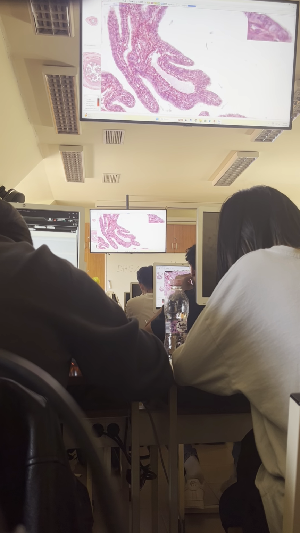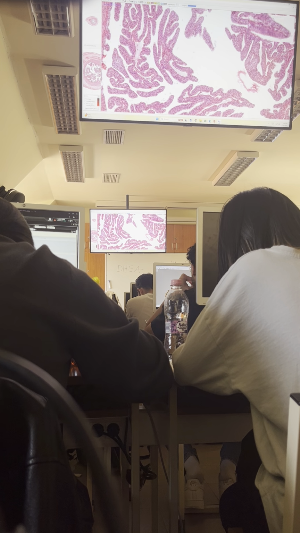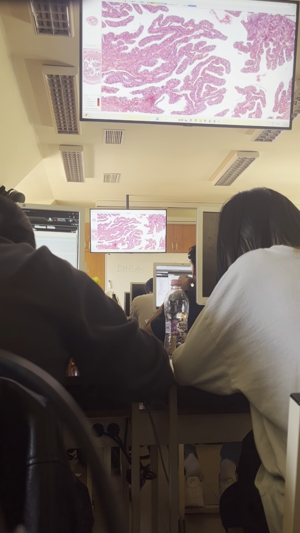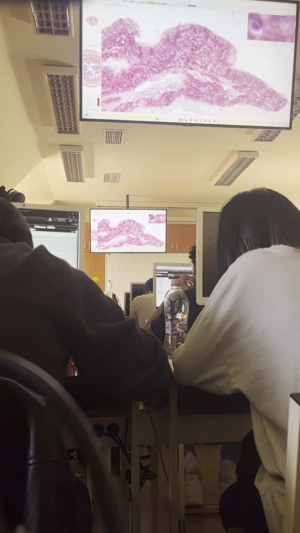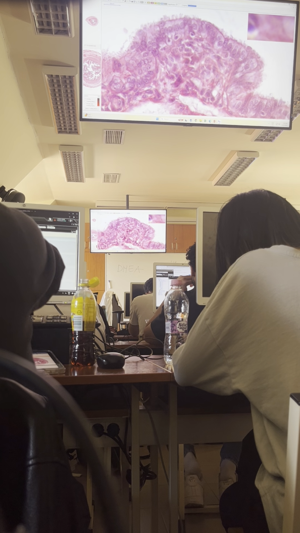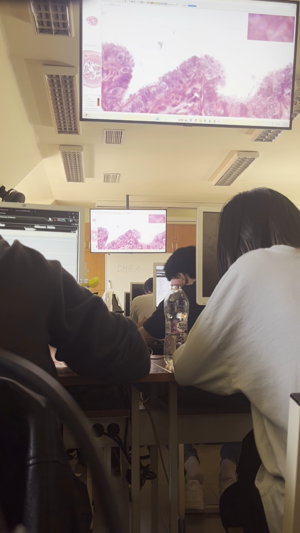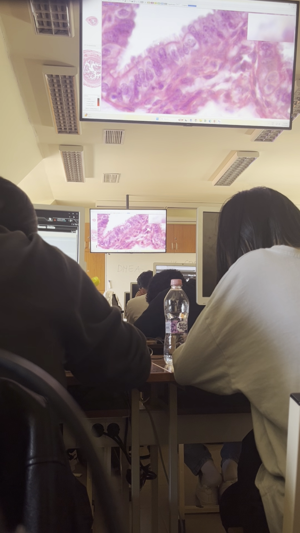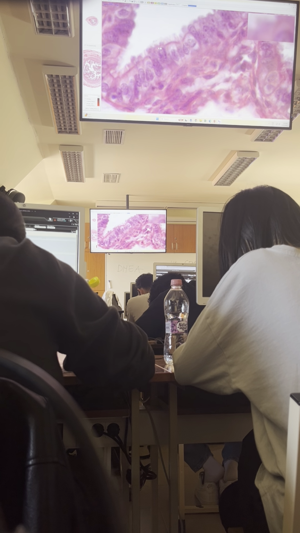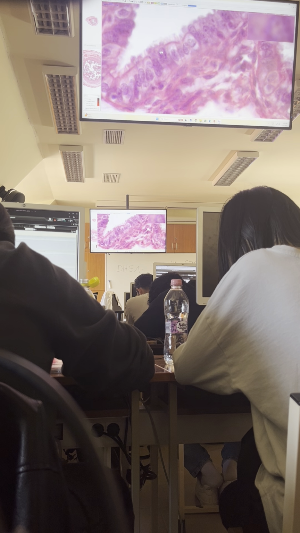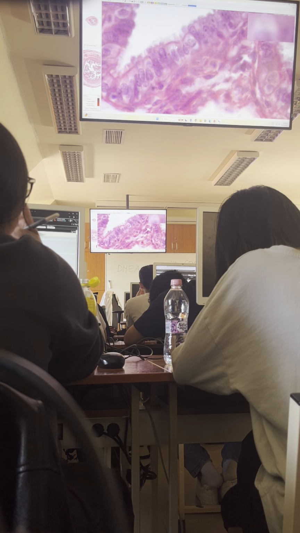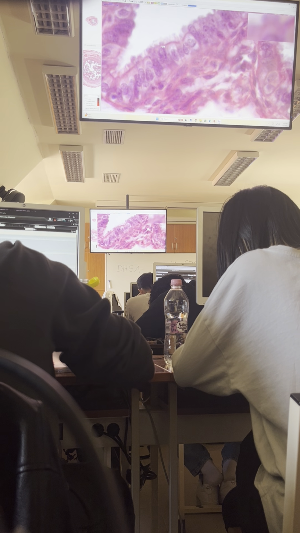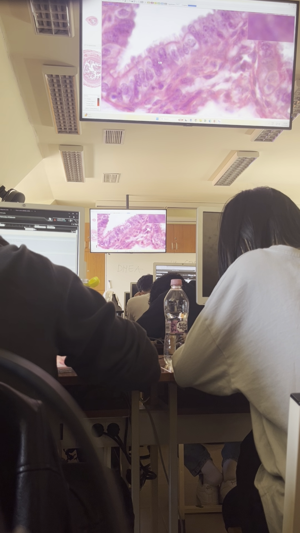But if you enlarge, maybe somewhere here, yeah. If you look at the lining epithelium, it is still simple columnar, and we can see the two types of cells, the paler ciliated cells and the darker non-ciliated secretory cells.